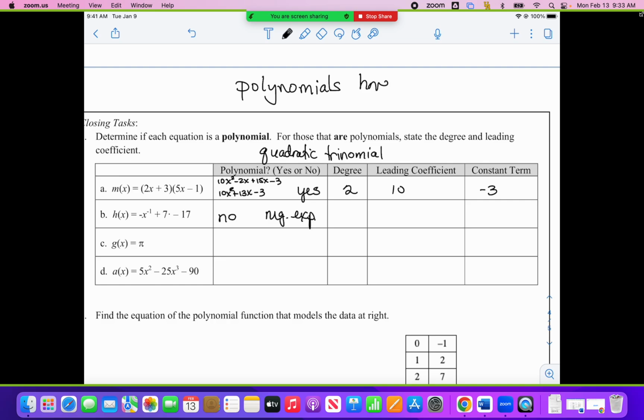Polynomials have exponents that are whole numbers. And whole numbers can be 0, 1, 2, 3, and so on. They cannot be negatives, and what else can't they be? Decimals or fractions, okay? Good job.